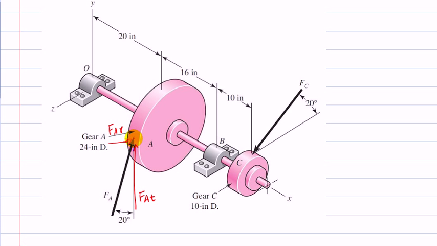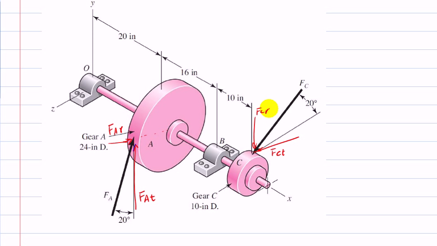This force in the axial direction will go through the center of the gear. Similar for this force too, so it will go through this. This one you would call FCT, and this one you would call FCR.